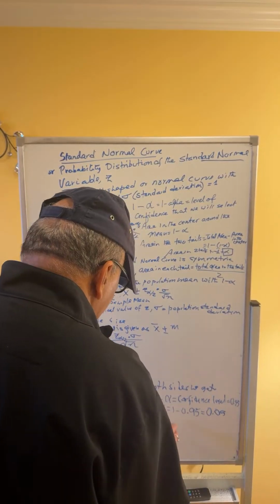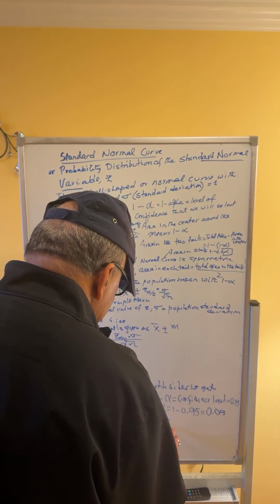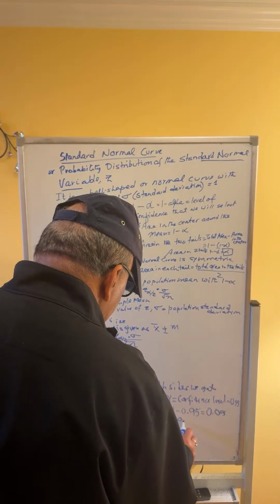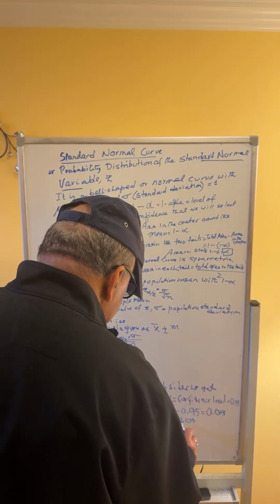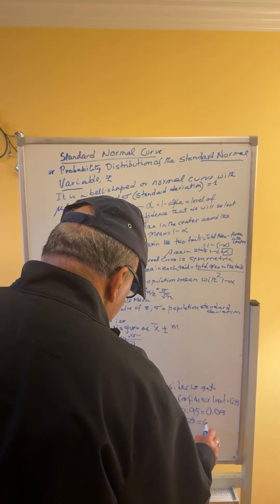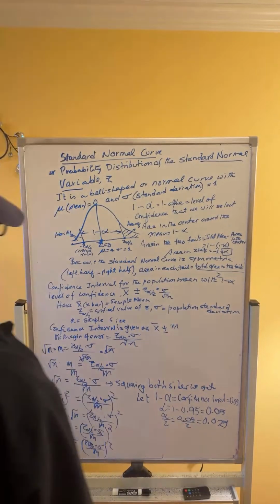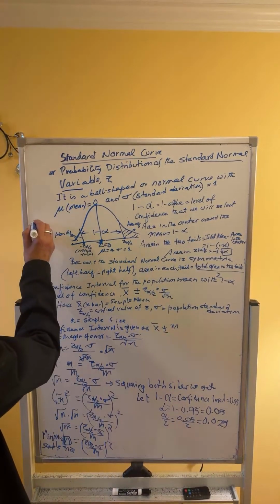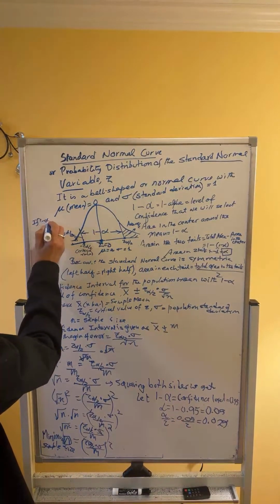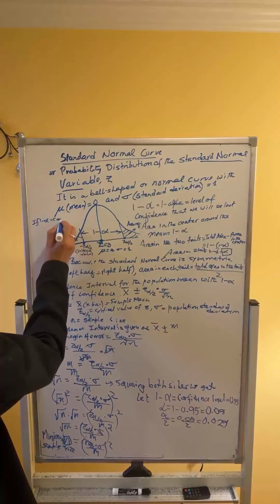Alpha by 2 in that case is 0.05 divided by 2, which is 0.025.